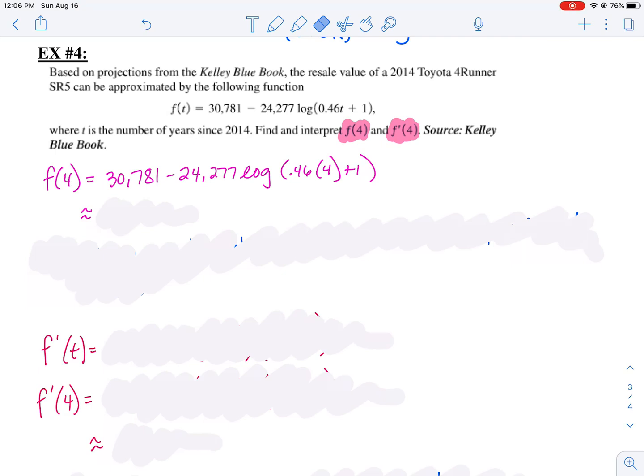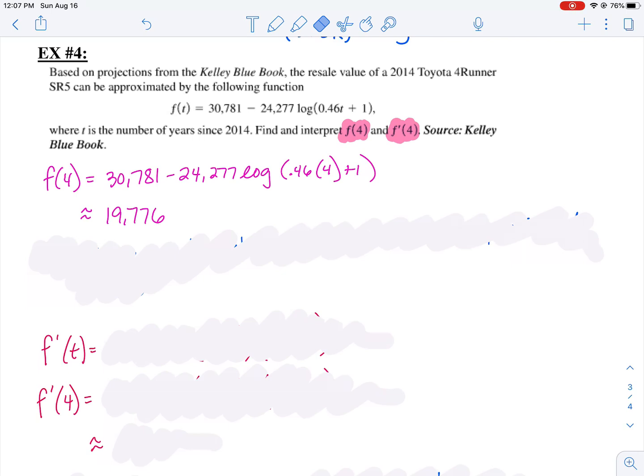I entered it in just like it was with all these parentheses, and I ended up getting approximately 19,776. So pause the video, make sure you can enter it in your calculator in case there's a homework question or a test question, so you can get the right answer. And now let's go ahead and interpret what this means.